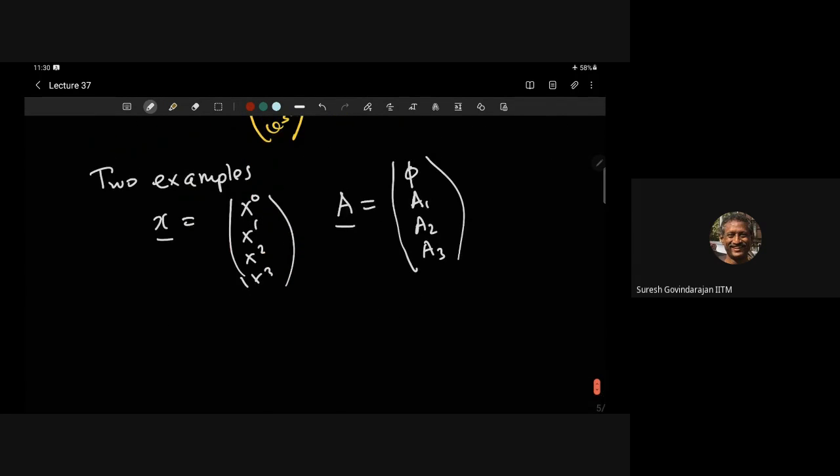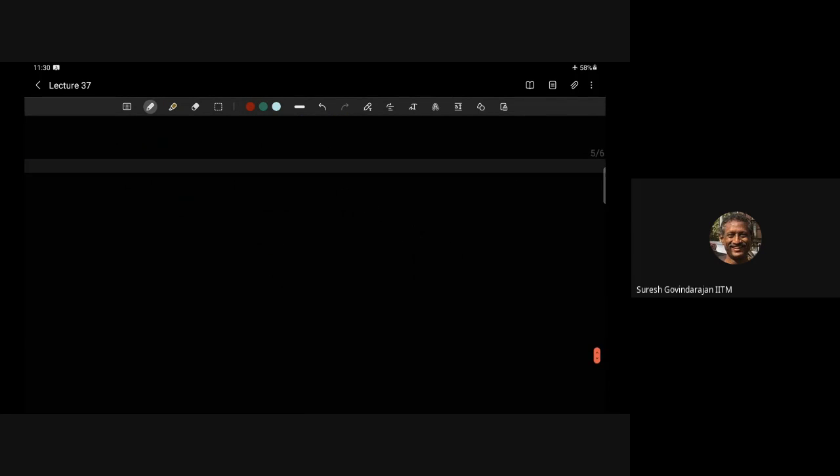Now we'll rewrite both equations, and they can be unified in this form.